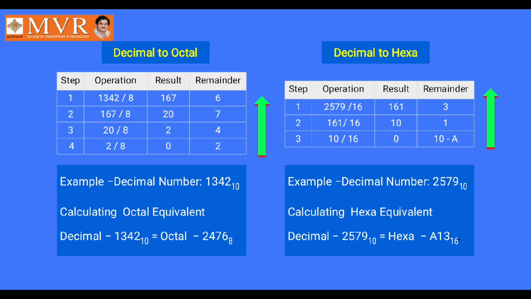Wherever you get values after 9, you have to convert them into A, B, C, D, E, F. So from bottom to top, the decimal number 2579 is equal to A13 of base 16. This is the way we convert decimal numbers to other number systems.